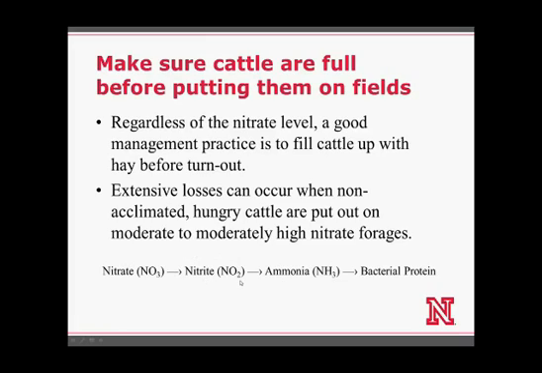Nitrite is the toxic compound that can enter the blood, bind to hemoglobin, and make it incapable of transporting oxygen, and thus the animal can suffocate. If we can have a slow intake of nitrate, we can then keep the flow of nitrite to ammonia to keep up with the flow of nitrate to nitrite. Bottom line, don't put hungry cattle out on high or moderately high nitrate forages.